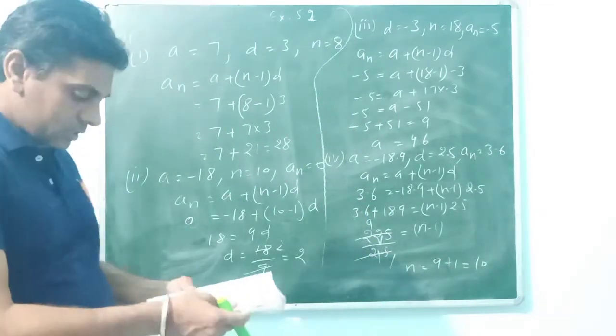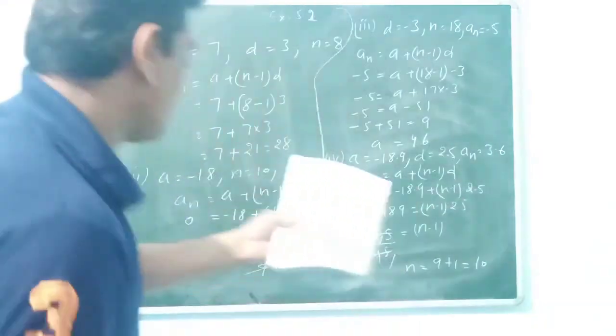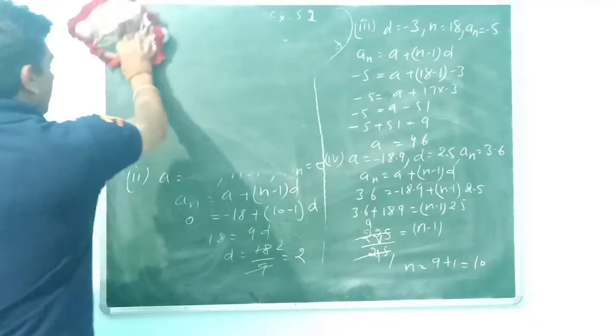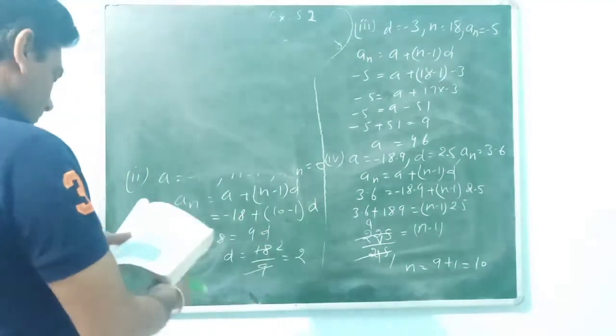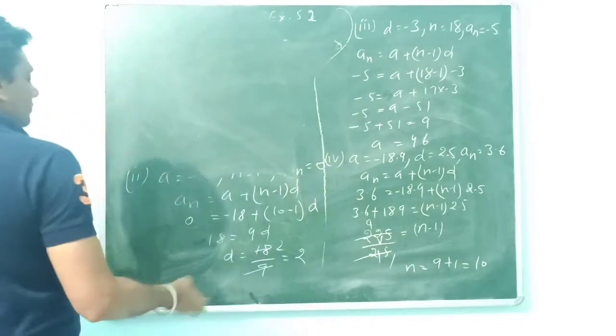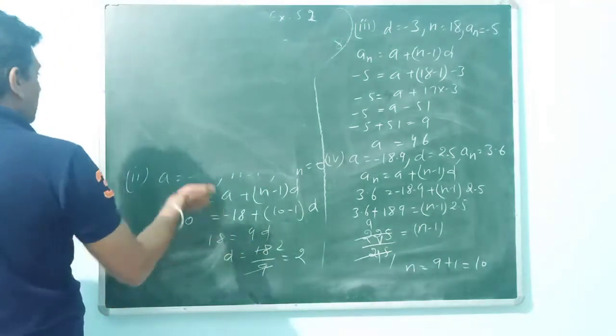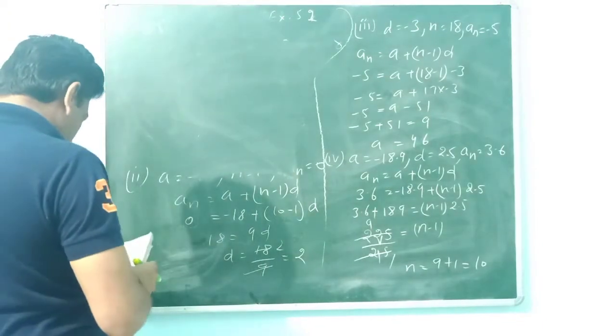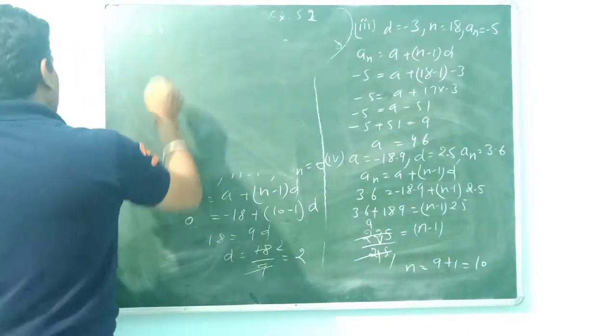Now the last part of it. A is equal to 3.5.